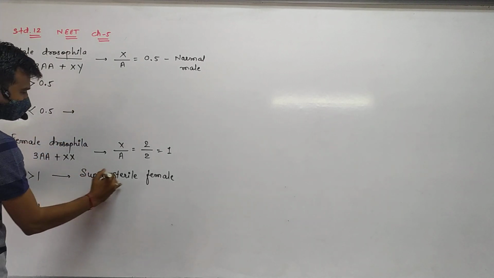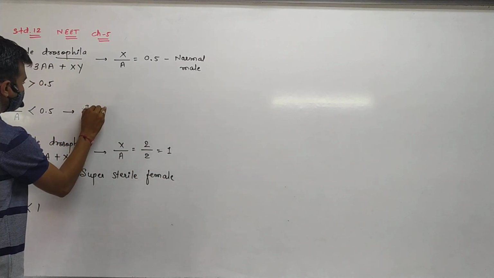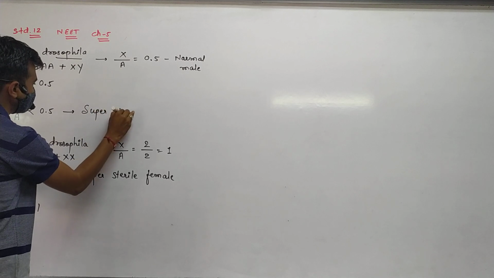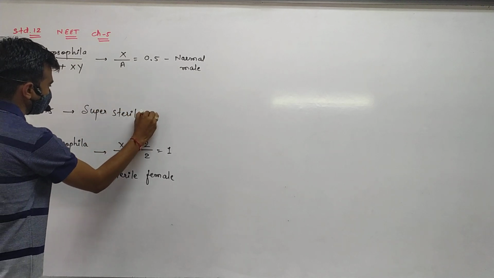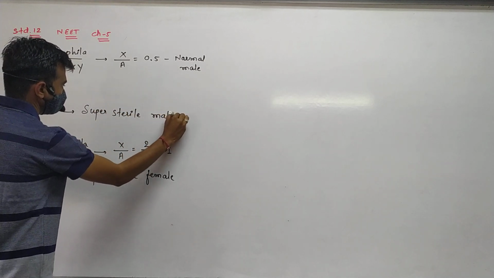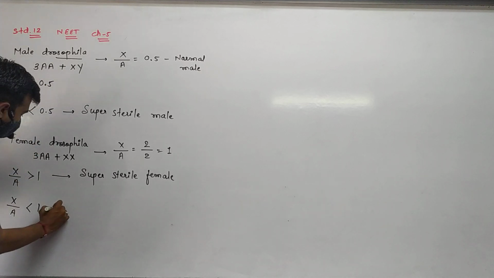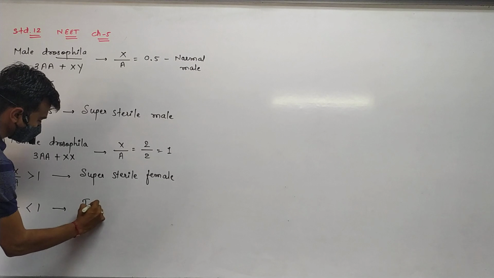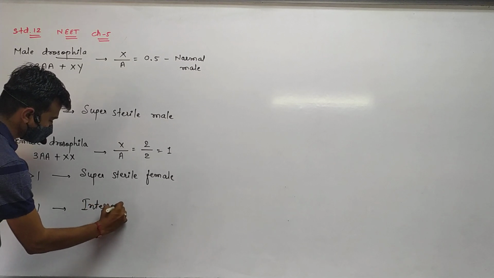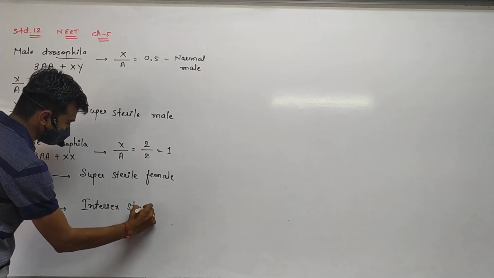So here super sterile female, here super sterile male. Greater than 1 and less than 0.5. And here less than 1. Less than 1 and greater than 0.5 are the same. And here you have to write intersex.